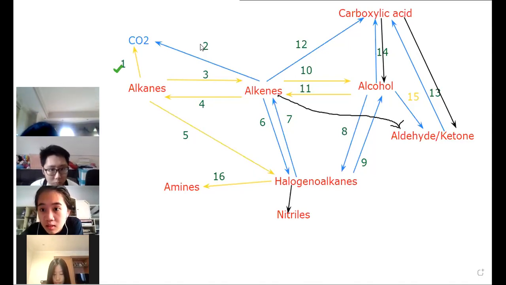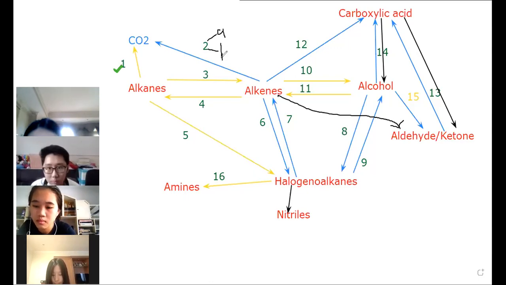There are 2 methods how to make alkenes become carbon dioxide. So 2 means there is a method A and there is a method B. What is the method A?